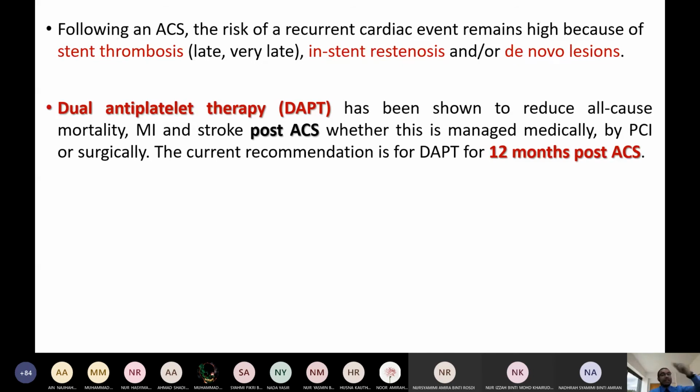So in ACS, this is very important. In ACS, we hear about dual antiplatelet therapy, and we will discuss this, inshallah, in detail next week.